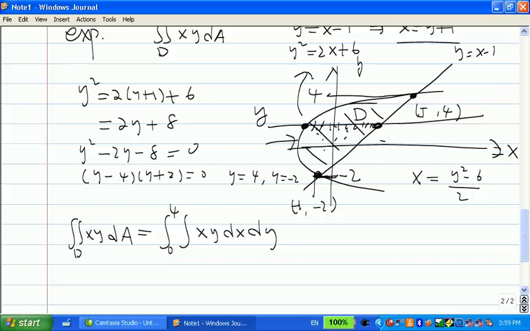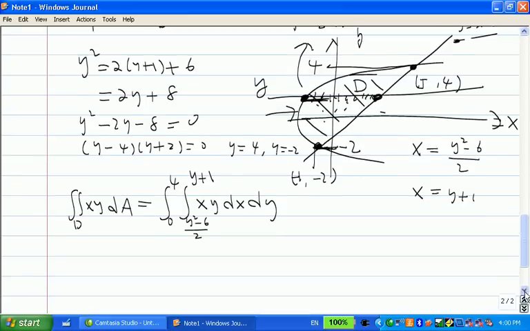That's your bottom curve. Your x is bigger than this number and less than that number. What is that number? For given y, you find x. So x is y plus 1. So the top curve is y plus 1.